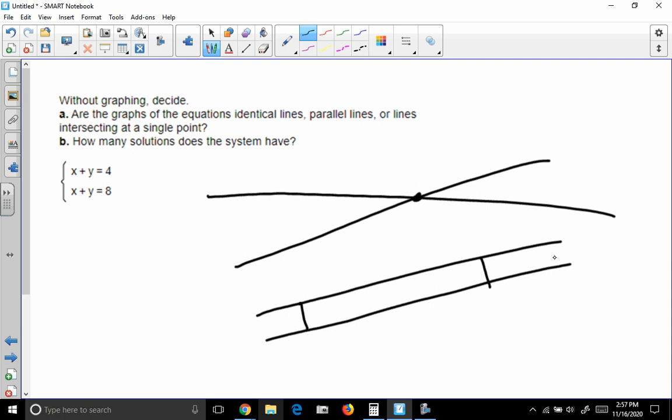There's always going to be a gap between them. So there are no intersections, so we would have no solution. But if they are the same line, if both equations are the same line, then we have an infinite number of solutions because everything that works for one works for the other one. Each point is on both lines, so each point would work for both equations.